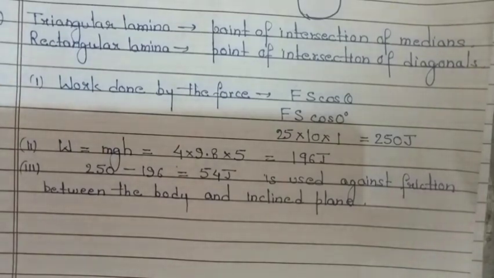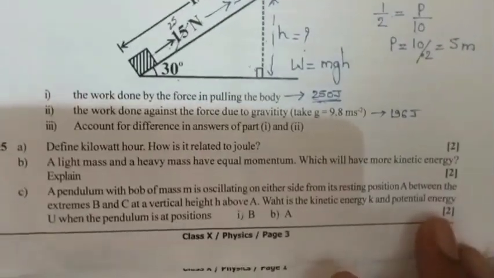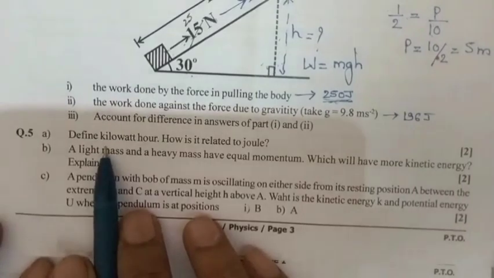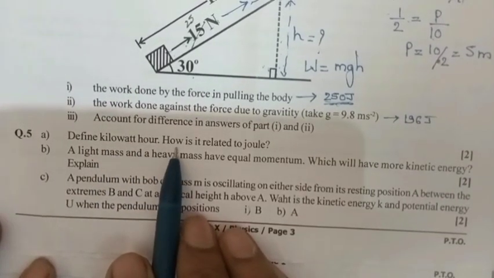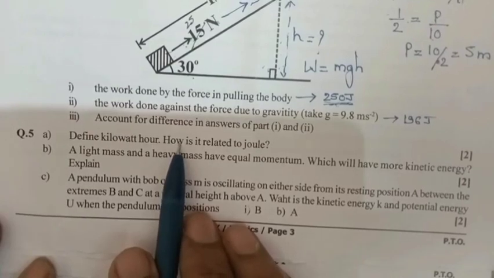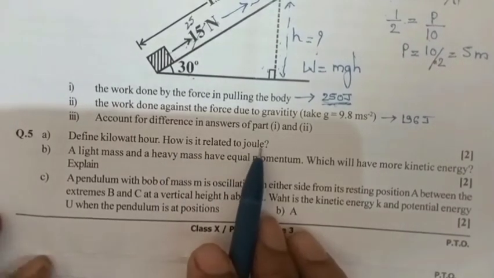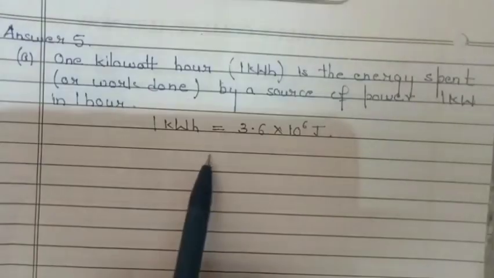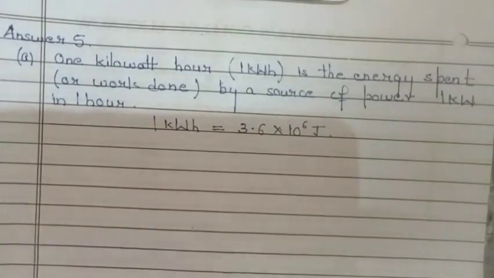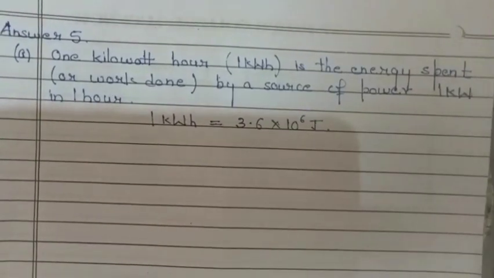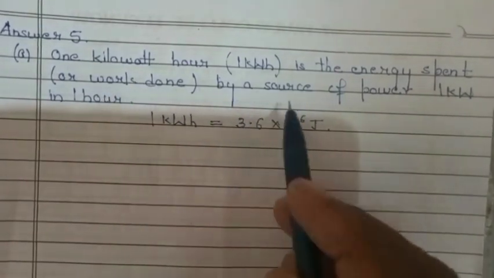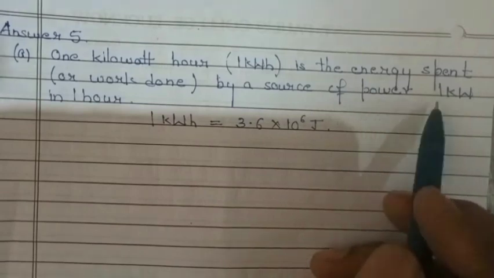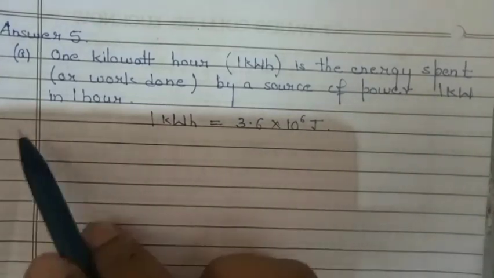Okay, now moving on to the next question. See question number 5. In question number 5, first of all we have to define kilowatt hour, and then write how it is related to joule. So let's see the definition for 1 kilowatt hour. 1 kilowatt hour is the energy spent, or you can say the work done, by a source of power 1 kilowatt in 1 hour.